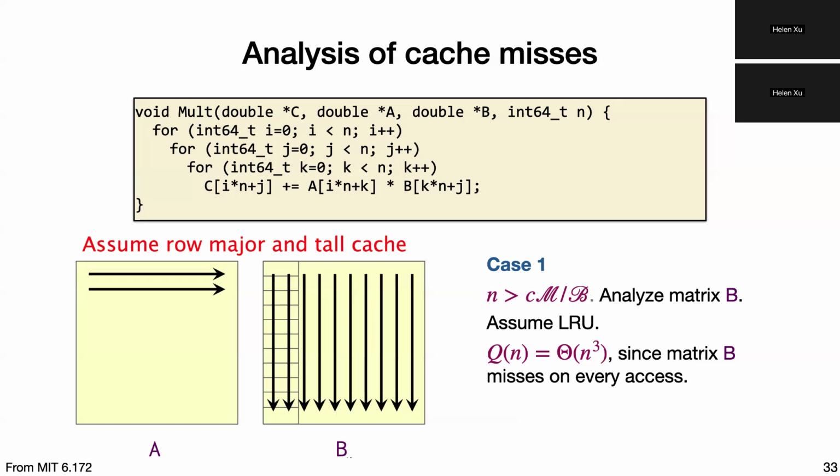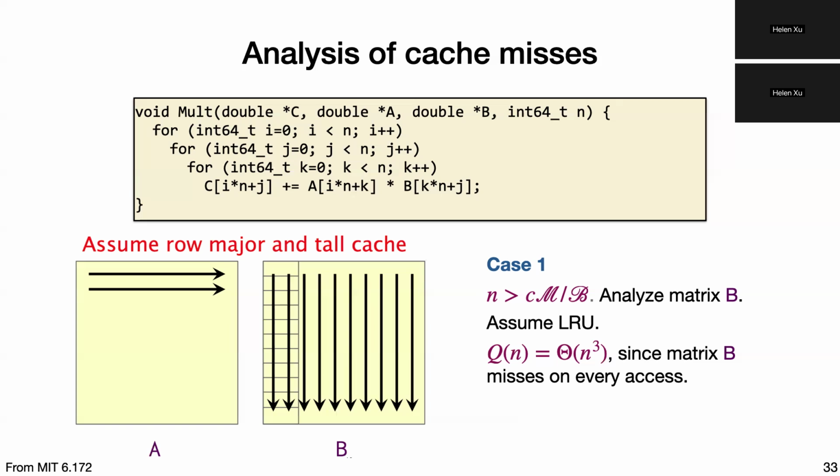Now we have to come back around to do the next column of B. The next entry of C that we're going to compute is this one. So we need this entire row again, and this second column. And by the time we come back around, because we had this case where the side length is greater than the cache size, this cache line will have been evicted because there is no space left.